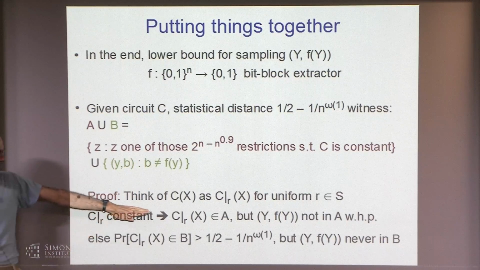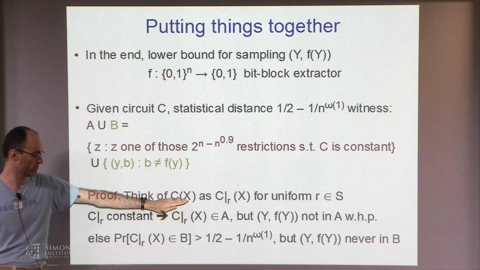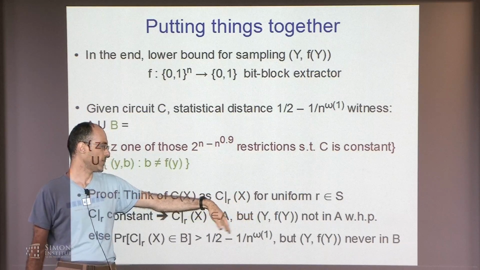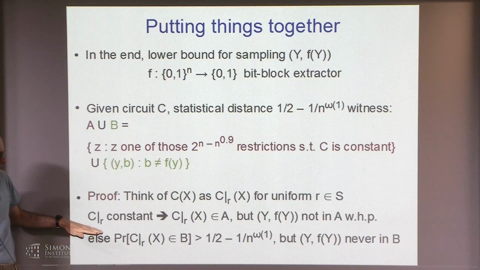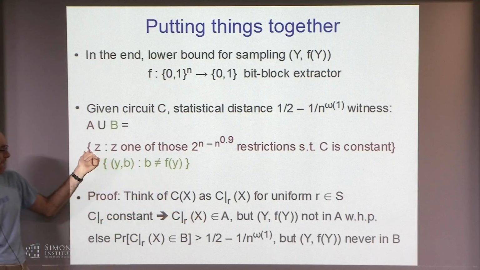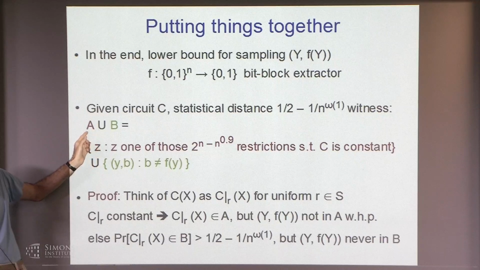Basically, if you think of the output distribution of the circuit, you can think of it as first sampling an R in S, and then the rest of the bits at random. When you pick R, if the circuit is constant, then it's always going to land in A, but the target distribution is unlikely to land in A because A is small.